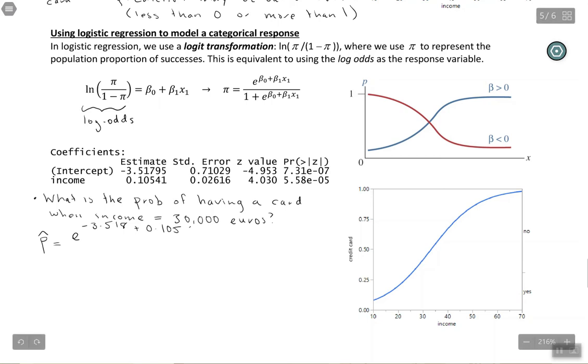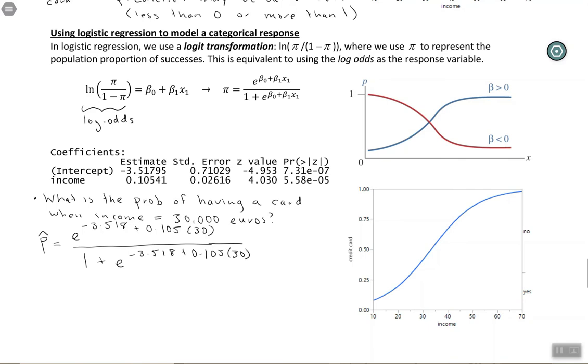So here I'm going to plug in 30 because we're trying to make a prediction for 30,000 euros as an income, and then 1 plus that whole expression again. So if you plug that in your calculator or in R, you'll get 0.409.